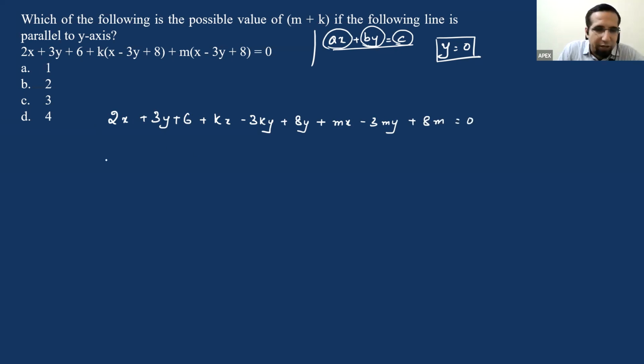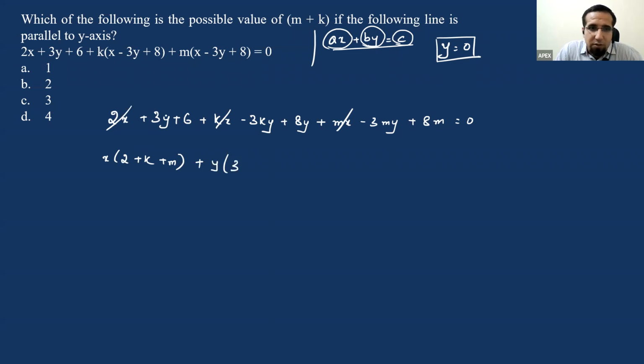Now let's bring all the x's together. If we bring all the x's together, you will have 2 here, plus you will have a k here, and then plus you will have an m here. I'm just writing it so that in some other question, if the question says parallel to the x-axis, you might need this as well. Now plus, let's take y common here.